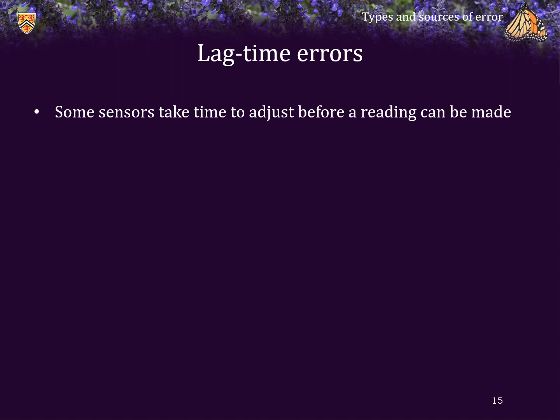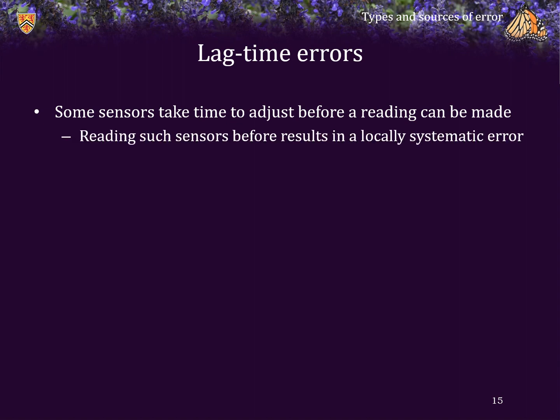As one final example, lag time errors. Some sensors simply take time to adjust before a reading can be made. So consequently, reading such sensors before the lag time has passed is going to result in a locally systematic error. For example, you're taking a thermometer and reading a temperature of some object.